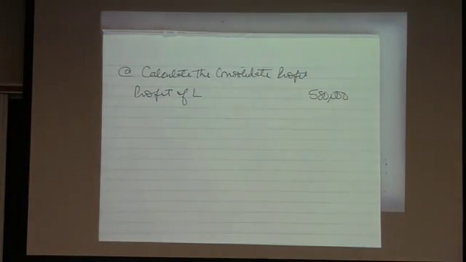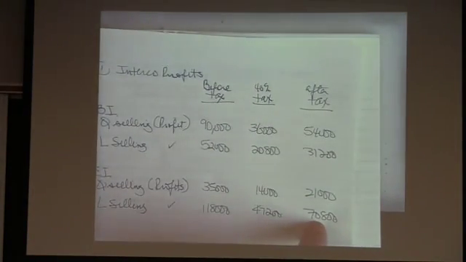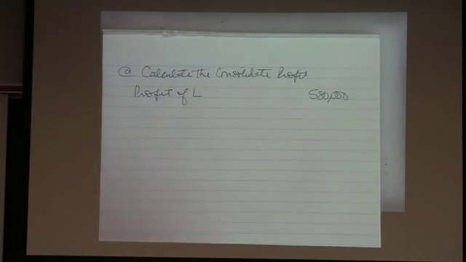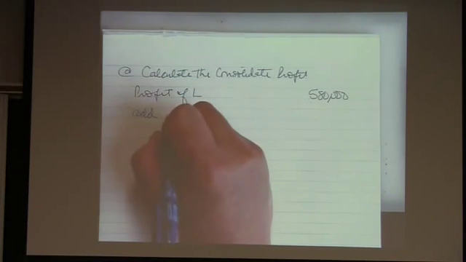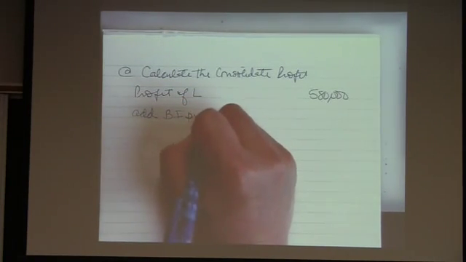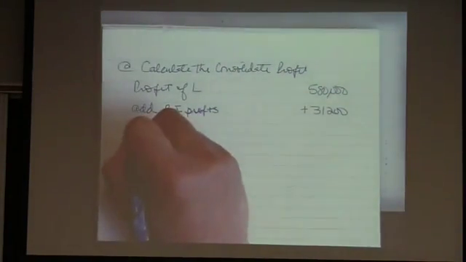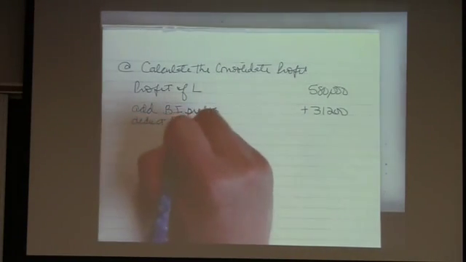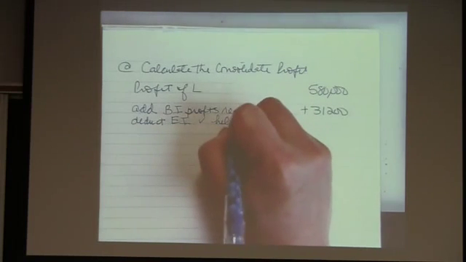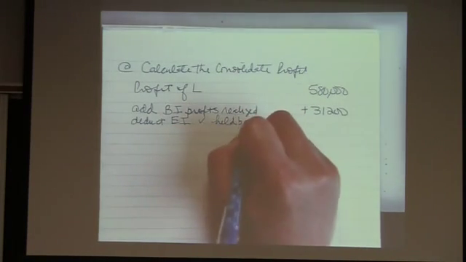And the answer is no, because we do have sales, right? So let's deal with that. So this is L selling beginning inventory and L selling ending inventory. So we need to eliminate those, and we need to recognize. So we need to add the beginning inventory profits. I'll put a plus beside it. We need to deduct the ending inventory profits held back. So this is now realized, held back.